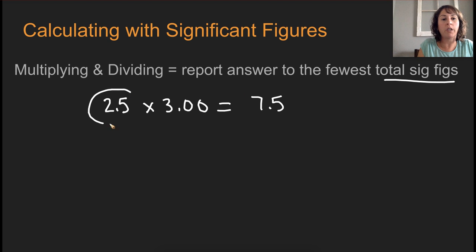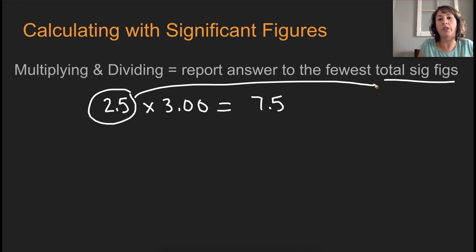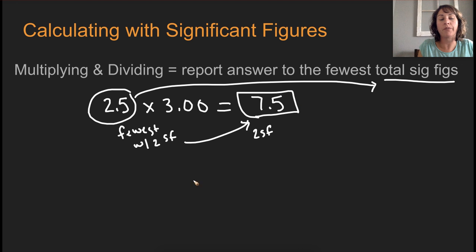Okay, this one here has the fewest total sig figs. And so that means that our answer should also have only 2 sig figs. So this is our fewest, with 2. So our answer should also only have 2, which it does just as it is, so our answer is good.